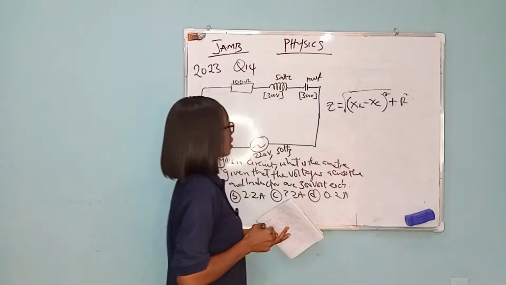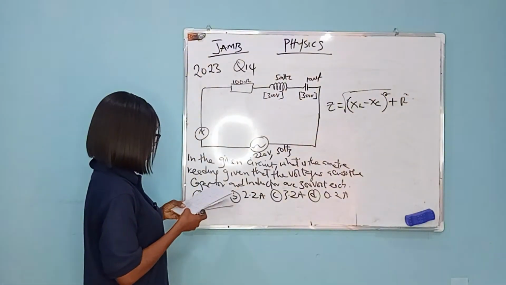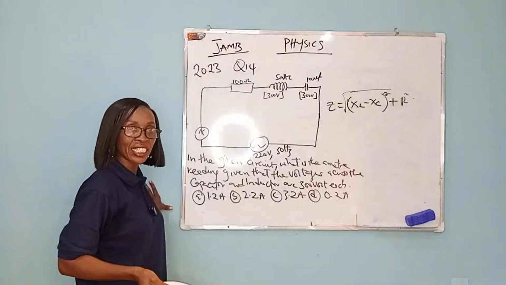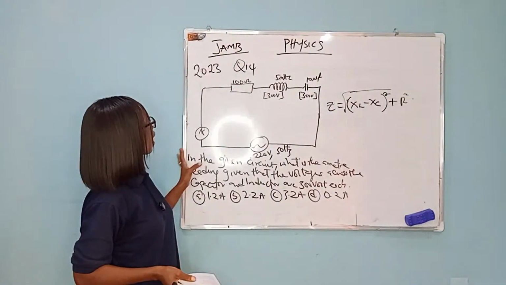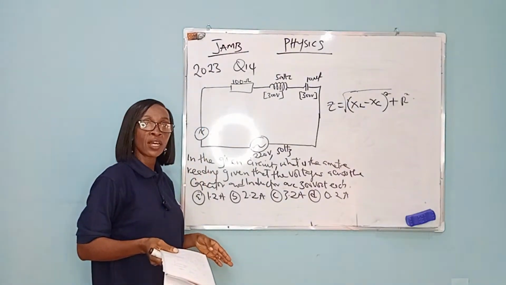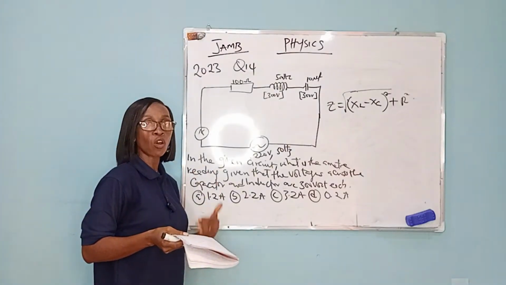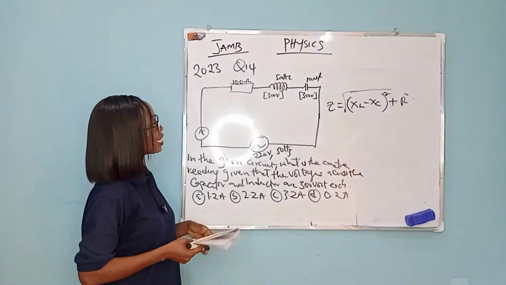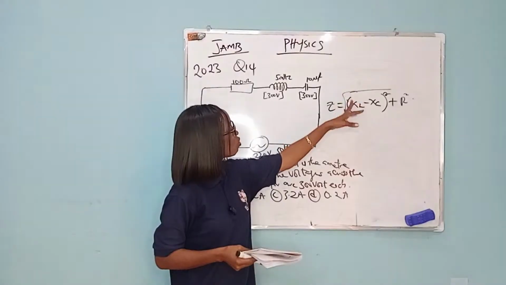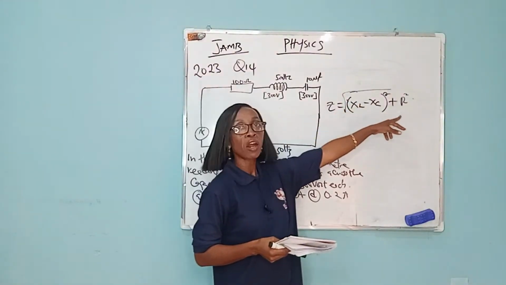Where XL is the inductor, XC is the capacitor, and R is the resistor.